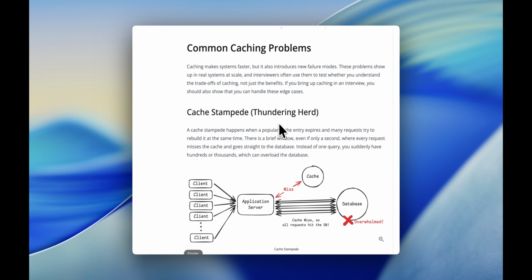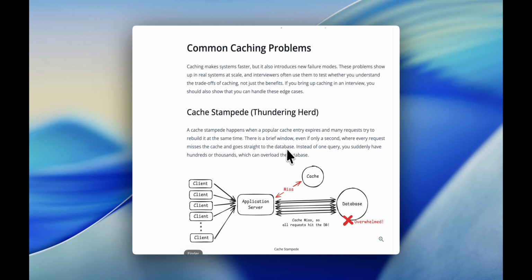Now we have some interesting caching problems we need to discuss, where caching makes our system faster, but sometimes introduces new failure modes. How we are going to tackle this is what we will be discussing. The first problem is cache stampede.